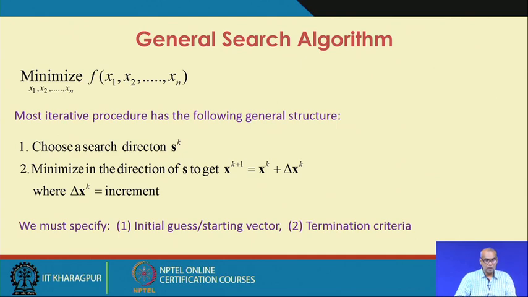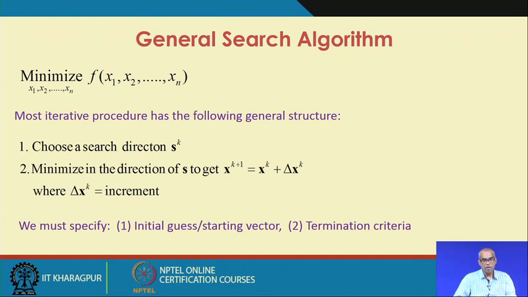If the chosen search direction is S at kth iteration, then we minimize in the direction of S to get the next value of the decision variables at k plus 1th iteration as x k plus 1 equal to x k plus del x k, where del x k is the increment. So, you must specify an initial guess or the starting vector and termination criteria.